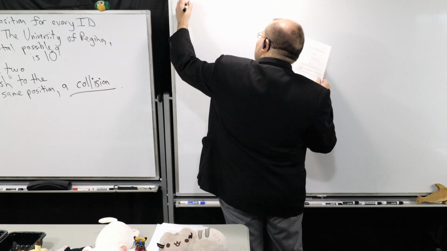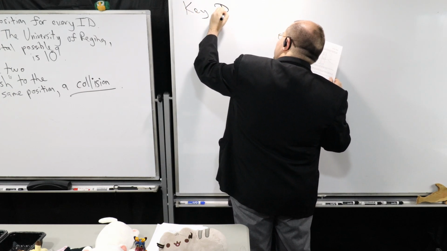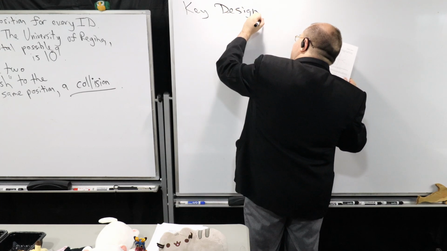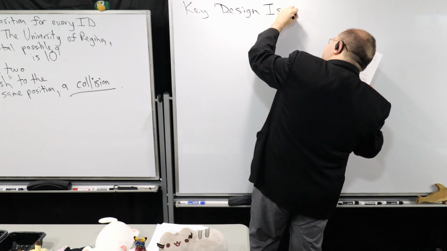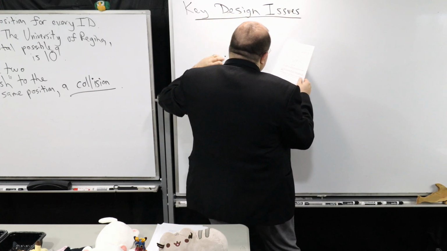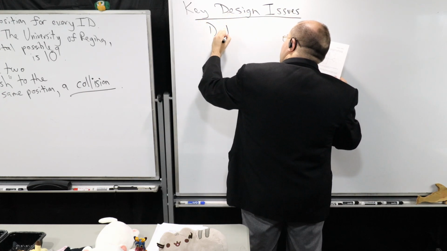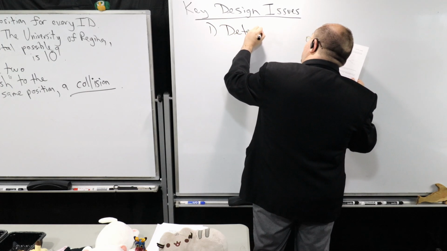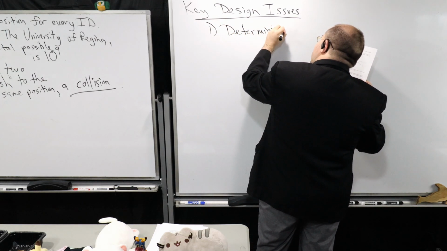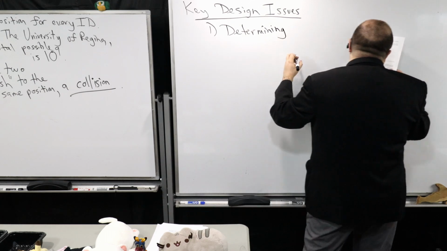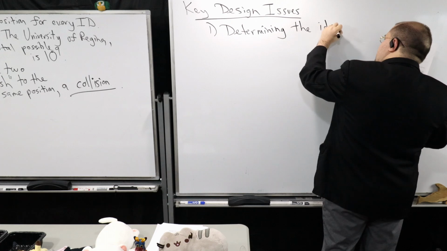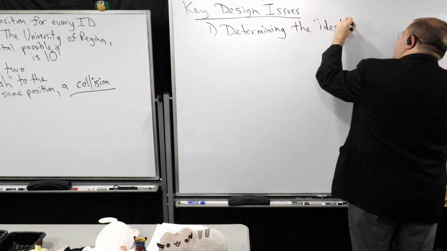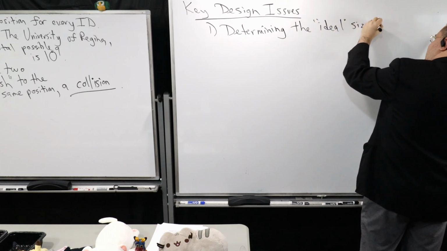So I want to talk about some key things, key design issues. And I've mentioned all of these, I think. So determining the size of the table is one. I'm going to give you some advice on how to determine the size of the table, the ideal size for the table.